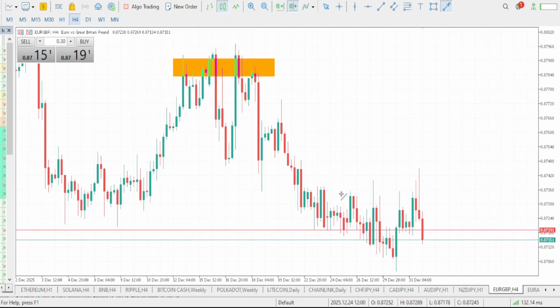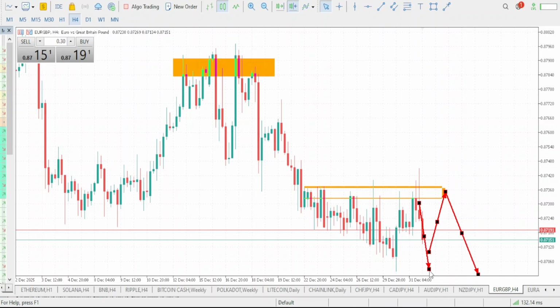So if this is a multiple rejection level here, right? Market is rejecting from this level multiple times and it is dropping. Just in case, I just want you guys to know, if market comes back to tap this resistance level, sell, right?